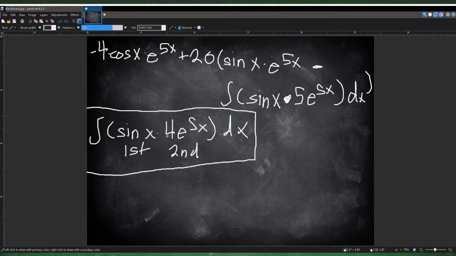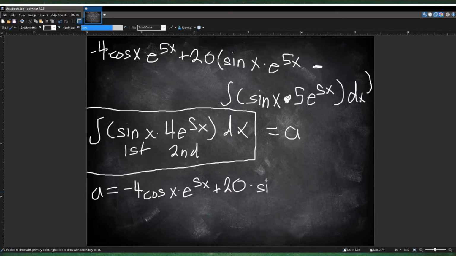Now, all we need to know is that if we set all this into one variable, let's call this variable a, then a is equal to this equation, which is -4 times cosine of x times e to the 5x plus 20 times sine of x times e to the 5x.